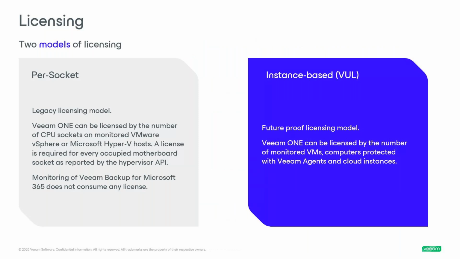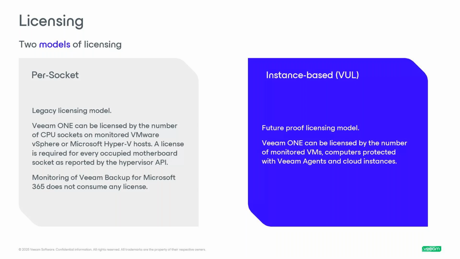Our products come in two licenses, at least the ones that are involved in Veeam ONE. We have per-socket licensing, which is our legacy model of license. We track the number of physical sockets that you have on the hypervisor and assign a number of licenses based on that number.